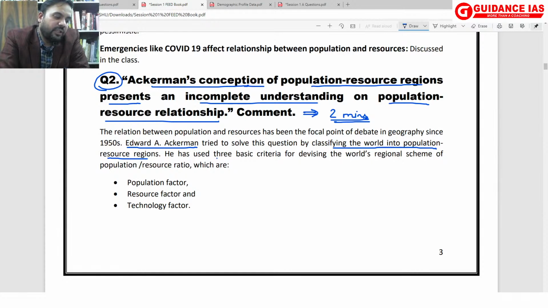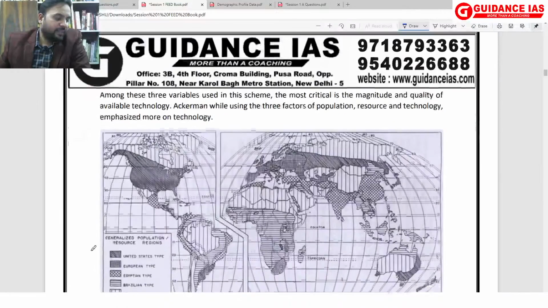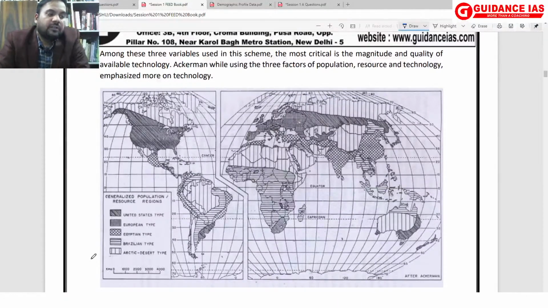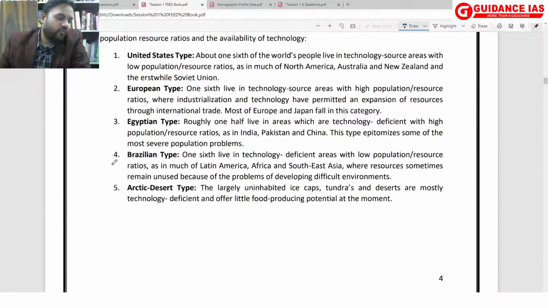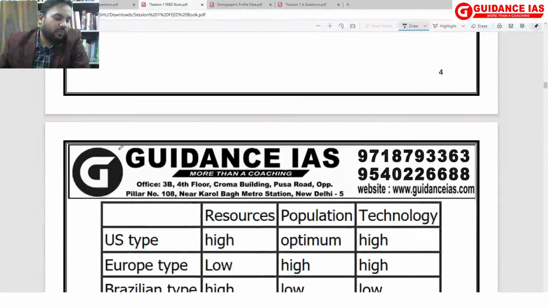And for doing so, he used 3 basic criteria: population factor, mainly population size; second, resource factor, or resource size; and the technology factor, the level of technological development. Among these 3 criteria, he divided the world into 5 types of population resource regions.